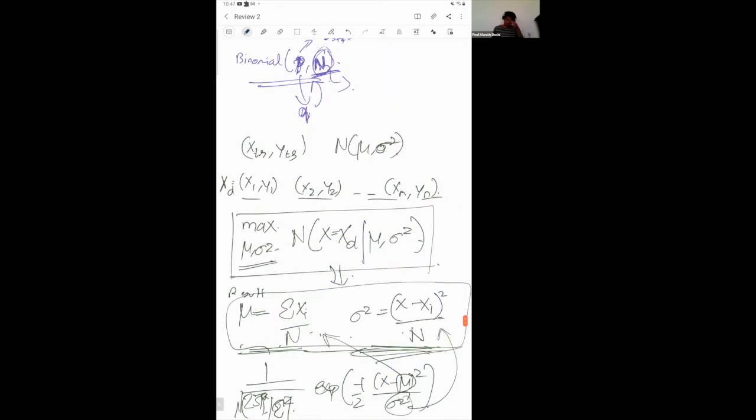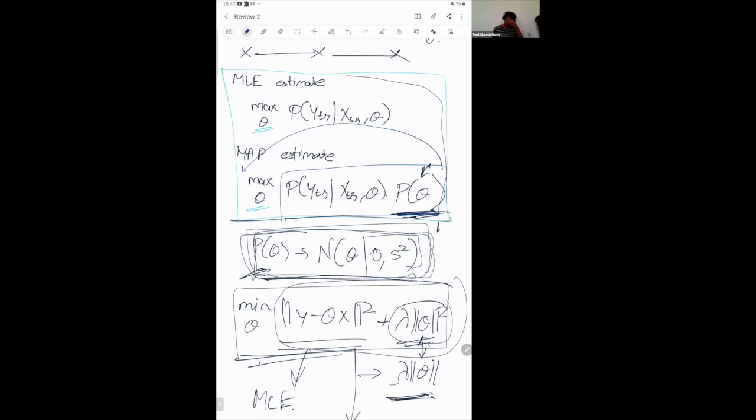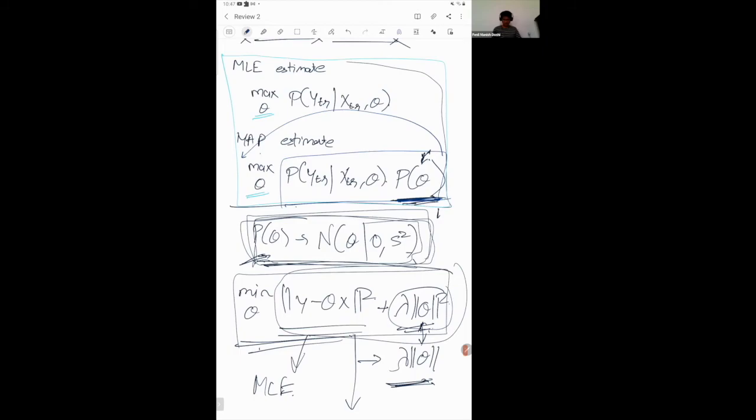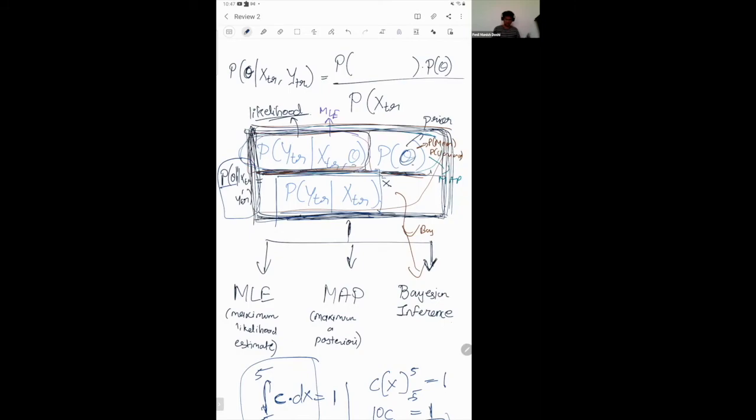In MAP, as I said, we are only concerned with the numerator. The denominator is independent of theta. The theta only appears in the numerator, and the output distribution that you get is also on the same variable theta. But this prior is your knowledge where you didn't see any of the data.